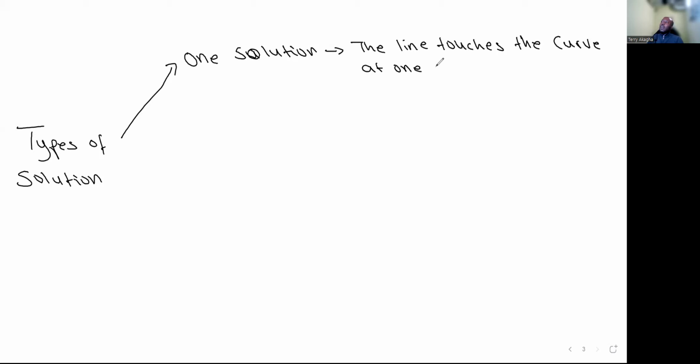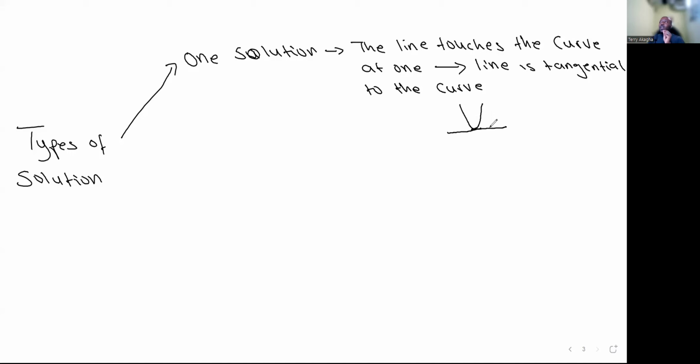Some textbooks will say the line is tangential to the curve. What we are trying to say is that it'll be something like this, just meeting at one point here.